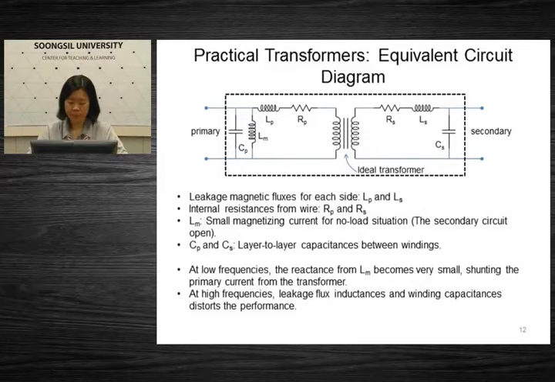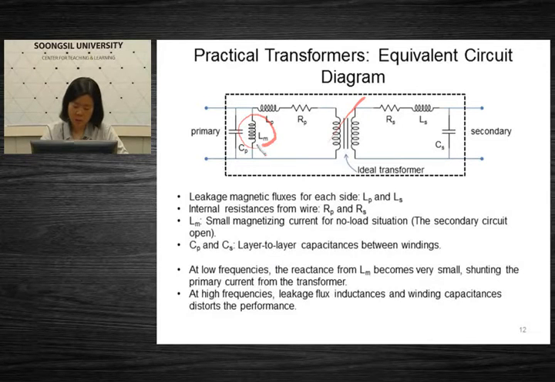Third, even though there is no load at the secondary circuit, we need some kind of small magnetizing current, which is represented by this one. Why is it so? When there is no load at the secondary circuit, that can be interpreted as there being no transformer, but we still have a transformer.